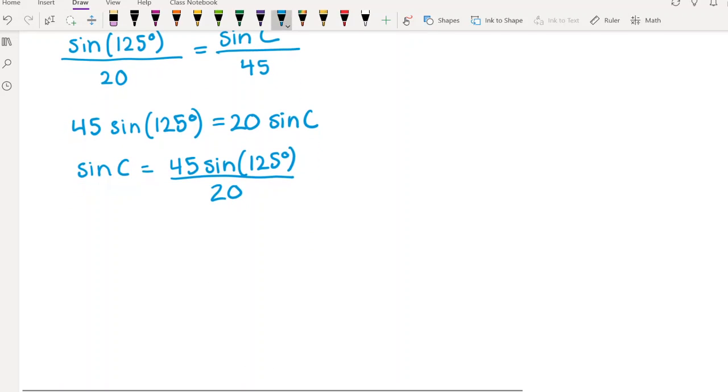And so we know that we can find our first possibility by taking inverse sine of all of this.